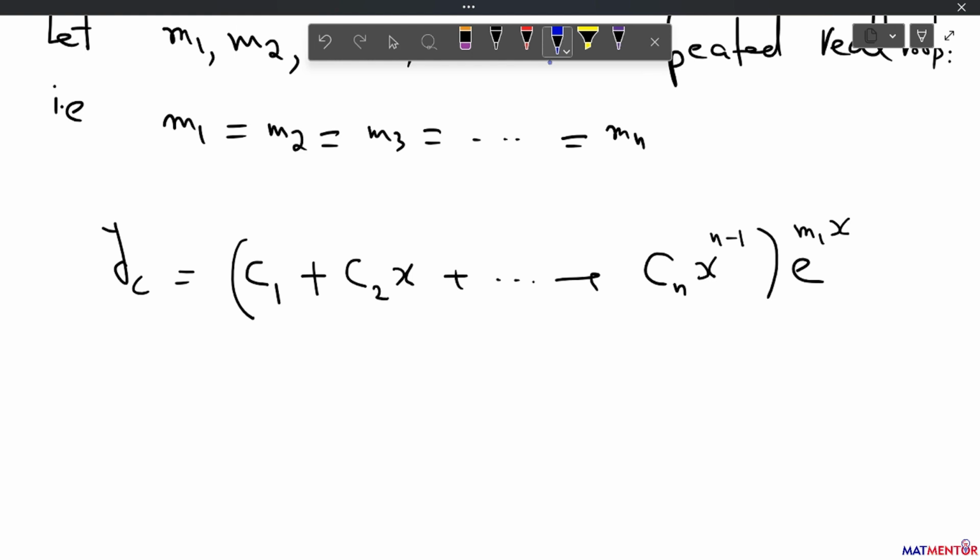Basically, this is my c1, and here I can write x raised to power 0. Okay, so x raised to power 0 is basically 1, so we don't need to write it. So you can start from c2 x raised to power 1, c3 x raised to power 2, and so on, the last constant with x raised to power n minus 1.